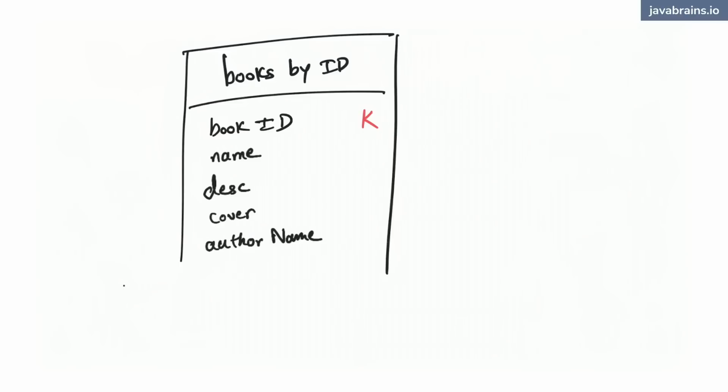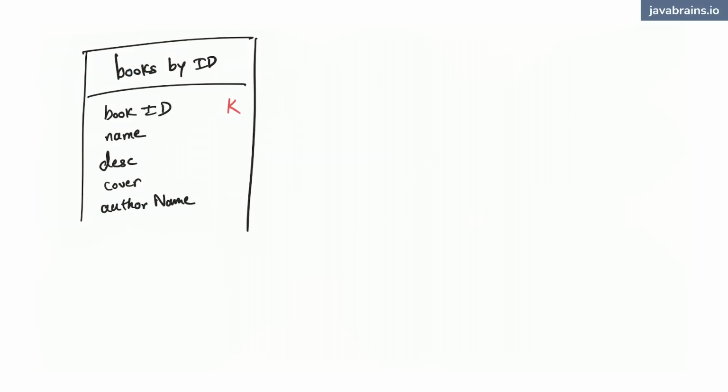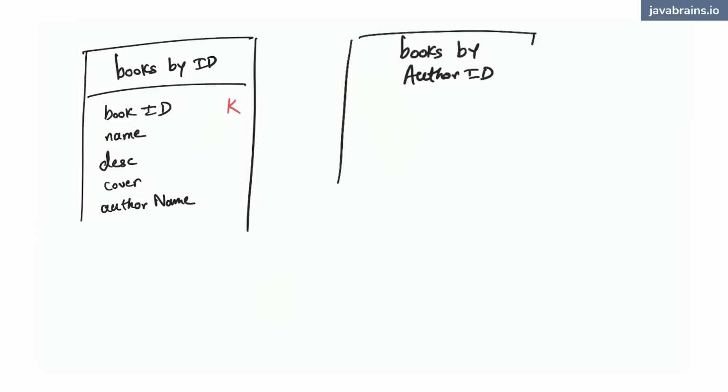All right, next, I need to create a table to fetch books by author ID. So I'm going to do that next. This is all the books written by a certain author.